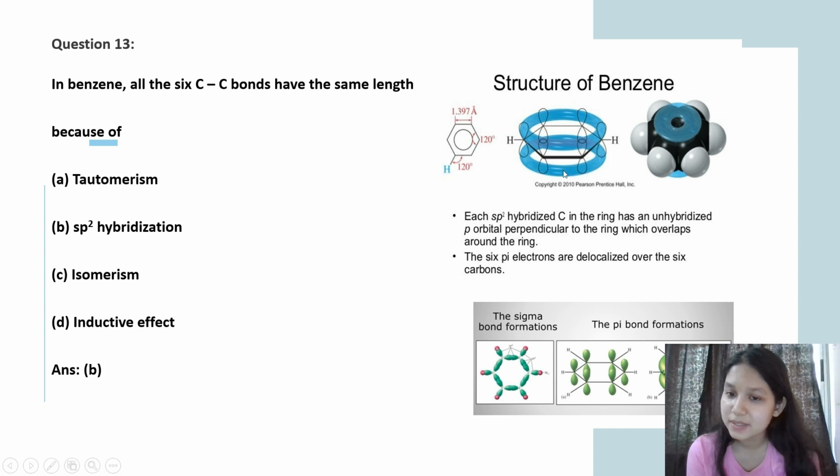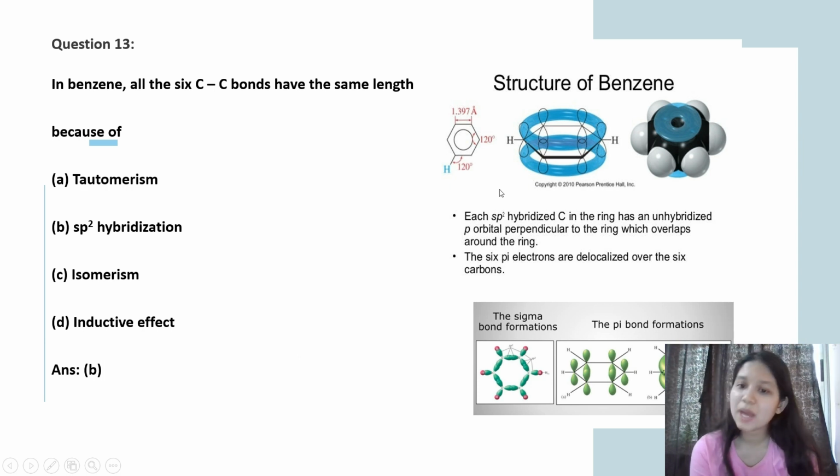Here you can see how the p orbitals which have not participated in the sp2 hybridization possess lateral overlap to give you such pi clouds in this molecular plane.